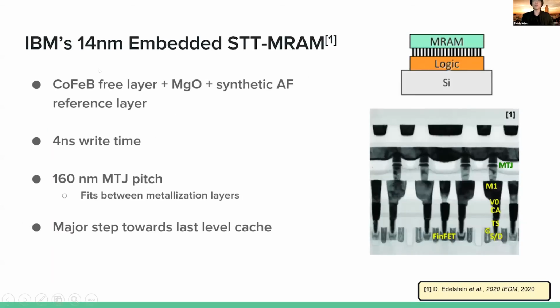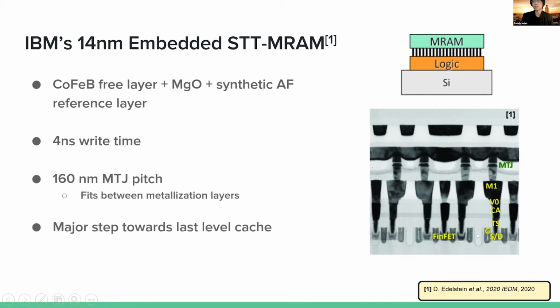I just want to touch a little bit on IBM's 14 nanometer because I thought it was pretty cool they were able to scale down this much. You have a pretty typical free layer and pretty typical MTJ structure. But what they've been able to achieve is 4 nanoseconds write time on a 160 nanometer MTJ pitch. And as you can see here on the right, this means you can fit your MTJ here in green between the M1 and M2 metallization layers of what you use in CMOS, which is kind of down here.